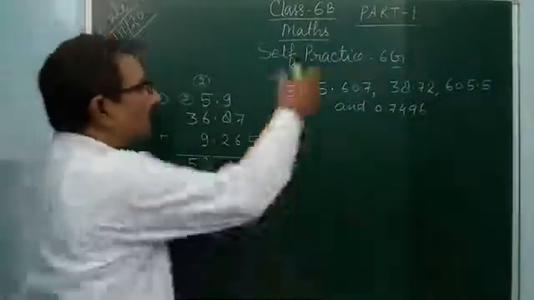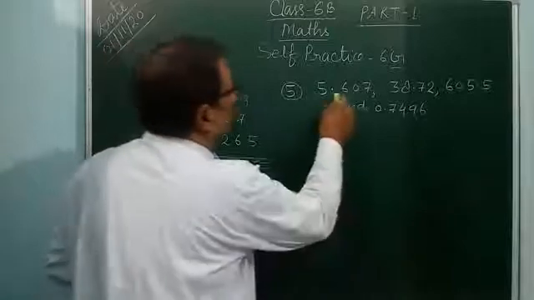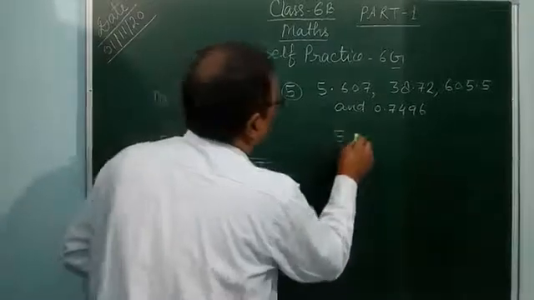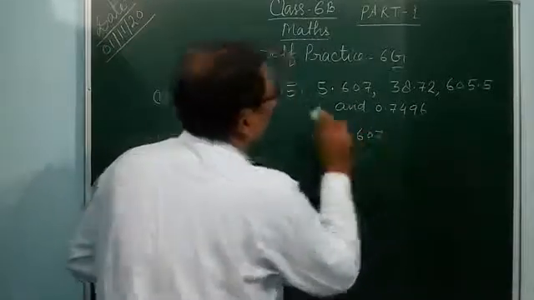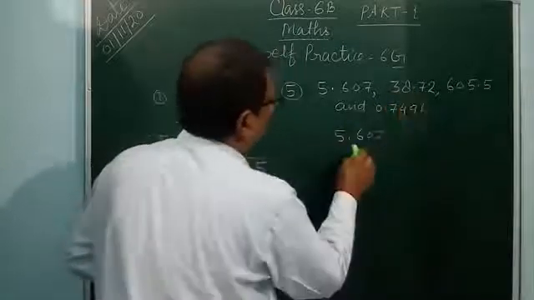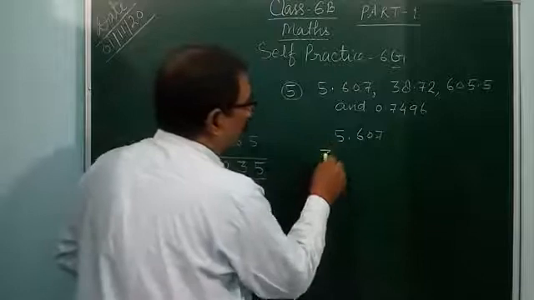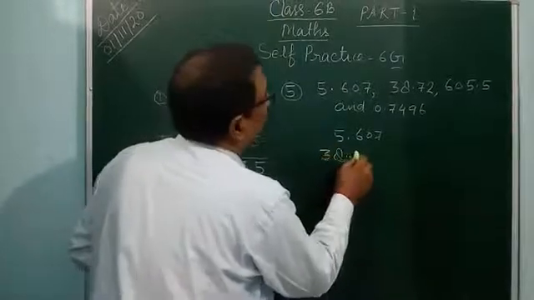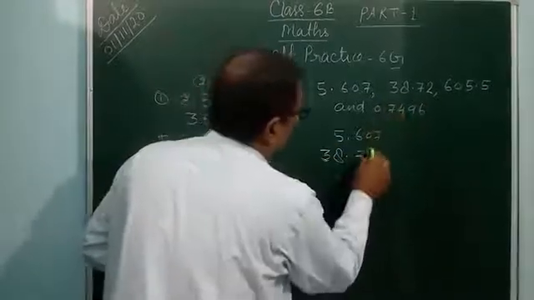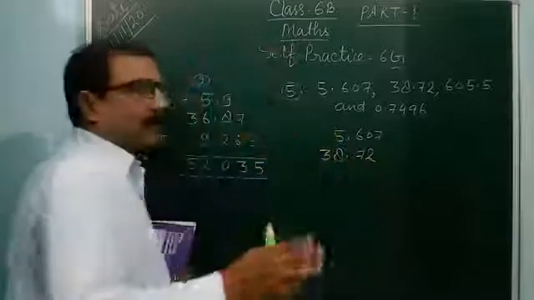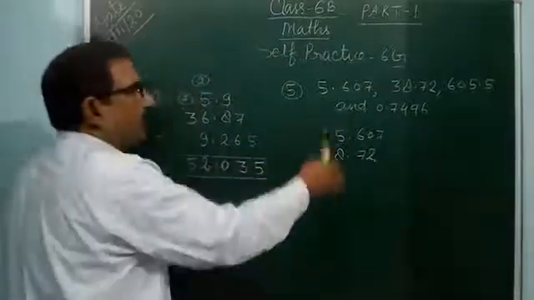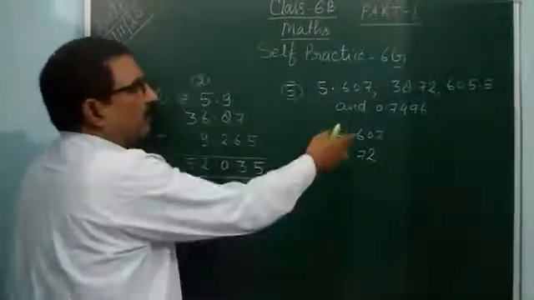How can you do it? You arrange vertically. Firstly write 5.607, after that 38.72. 38 you arrange as a whole number. The point should be in one line, point below point. Don't disturb this point.